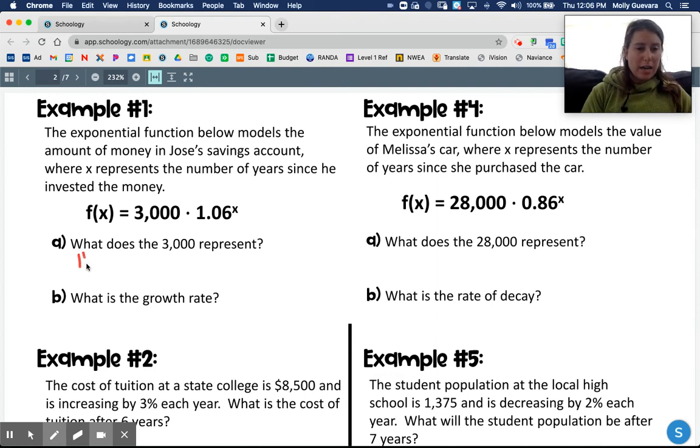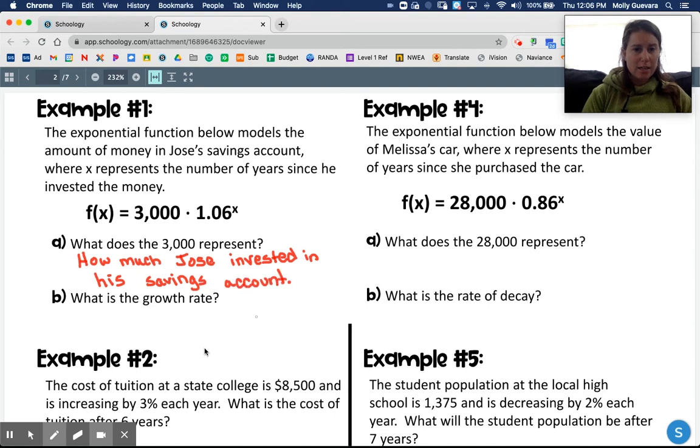So this is how much Jose invested in his savings account.